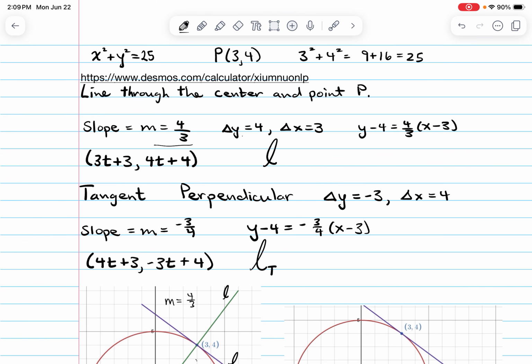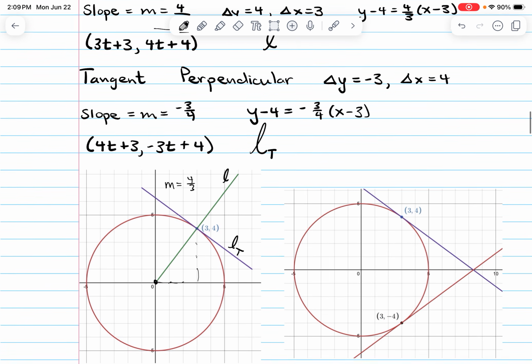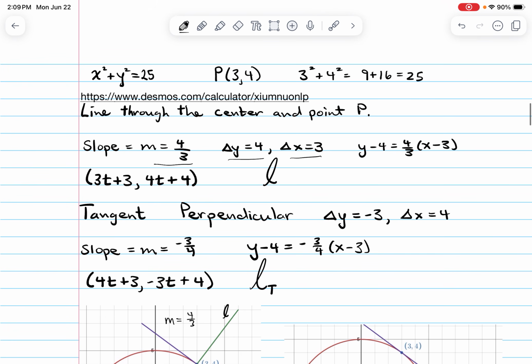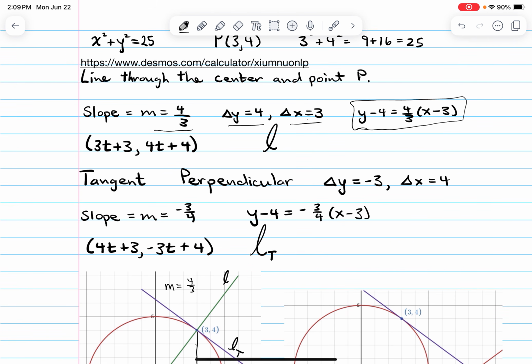And notice that delta y is 4 and delta x is 3. So the change in y is 4, the change in x is 3. Now look at this. We've got the point-slope form of the line: y minus 4 equals 4/3 times (x minus 3). Being able to write an equation for a line like this is very important. Now, remember the parametric form then would be 3t plus 3.